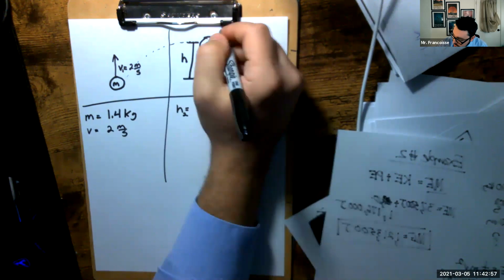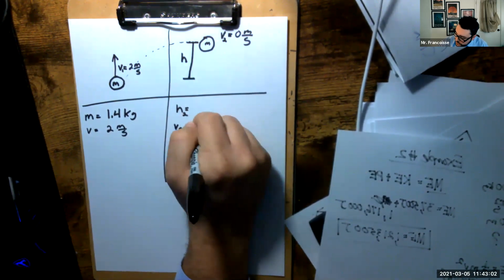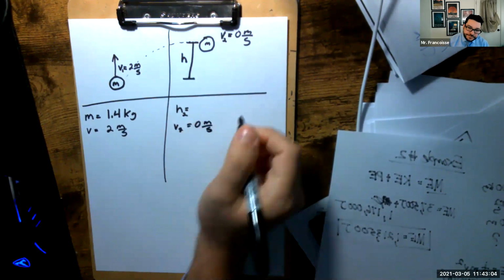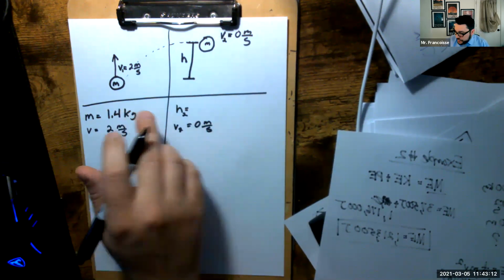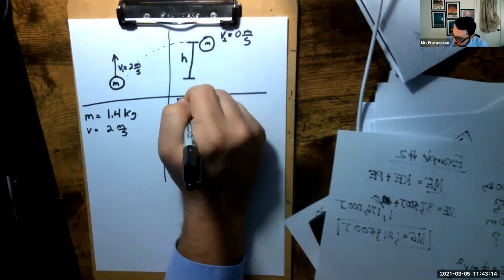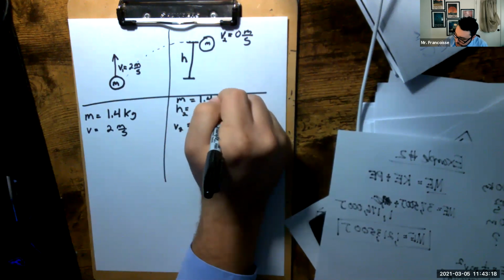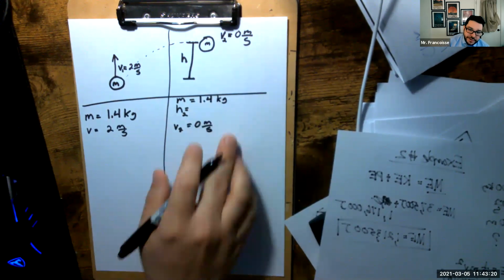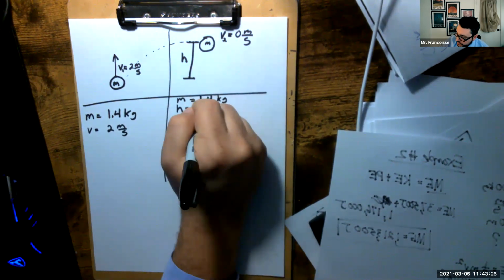And we have some velocity that we do know: v2 equals 0. For both of these, we have some mass m, and mass is going to be the same. So here, we don't know what the height is, and that's what we're going to solve for.